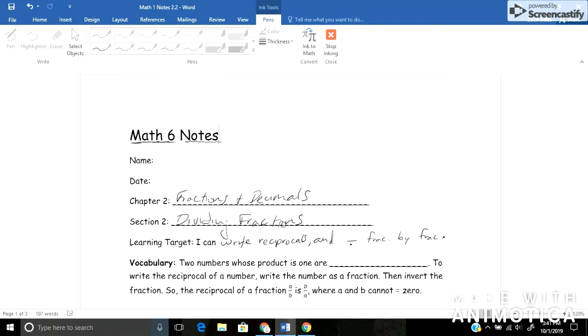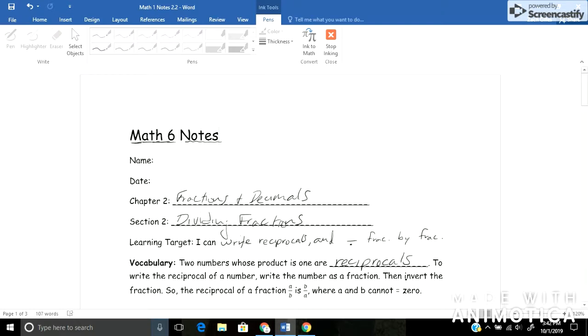Okay, so we'll start off with a little bit of vocabulary. It says two numbers whose product is 1 are reciprocals. There's that word, reciprocals. To write the reciprocal of a number, write the number as a fraction, then invert the fraction. So the reciprocal of a fraction a over b is b over a, where a and b cannot equal 0.